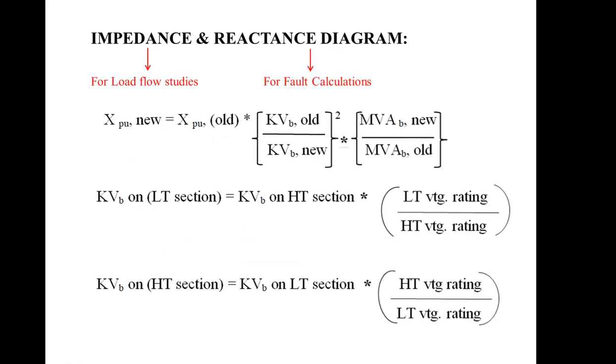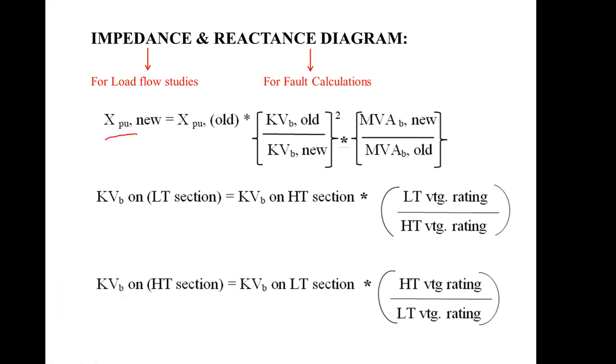Before that, we have to know the formulas to calculate impedance: new base impedance, old base impedance, LT low voltage ratings, and HT high voltage ratings. These are the basic formulas. First, the per unit impedance. We have to find the new value, and the old value is given.